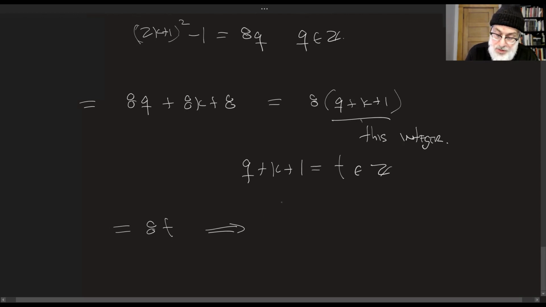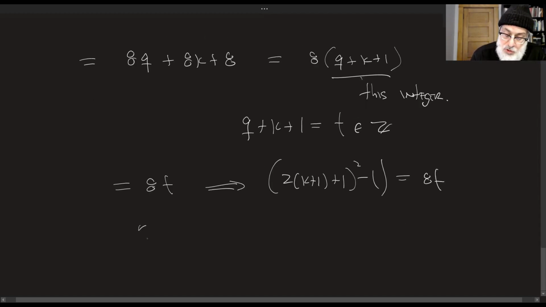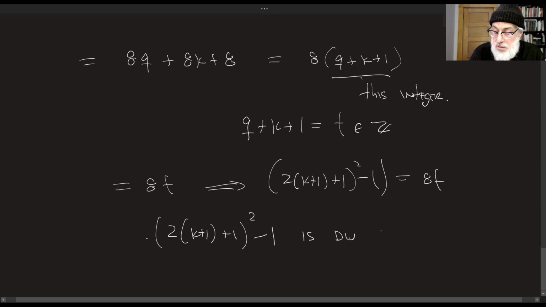So that was 2k plus 1 squared minus 1 is equal to 8t. Which means that 2k plus 1 squared minus 1 is divisible by 8. And that's what we wanted to show.